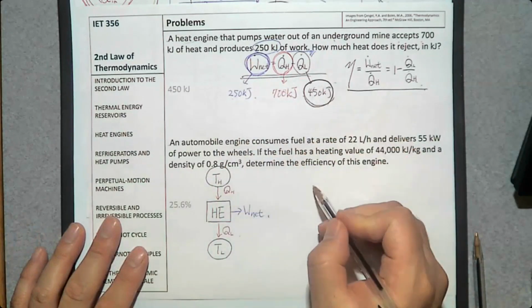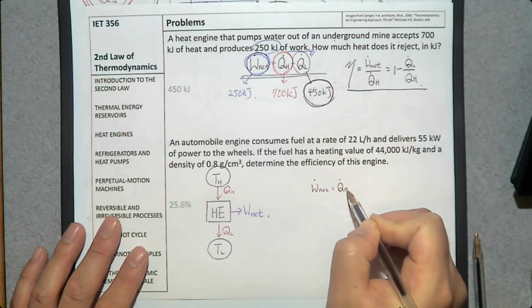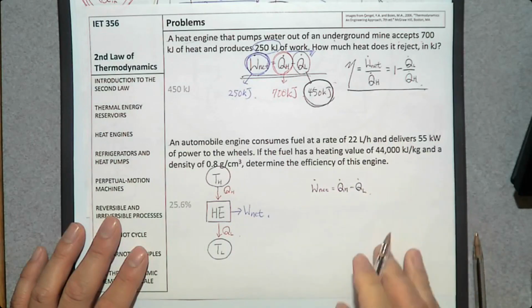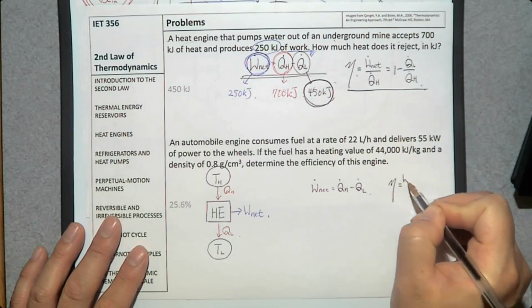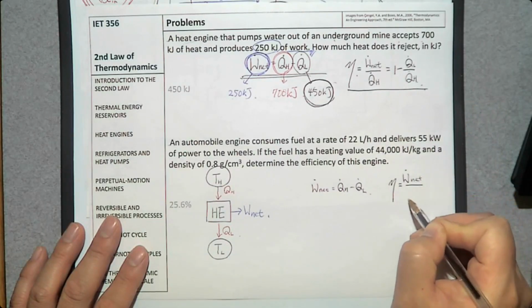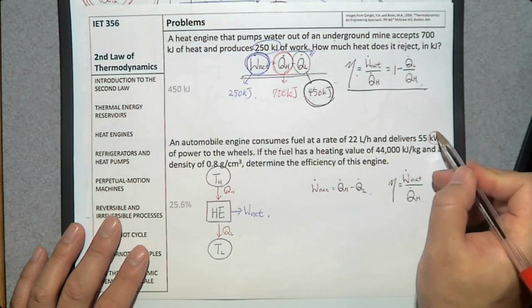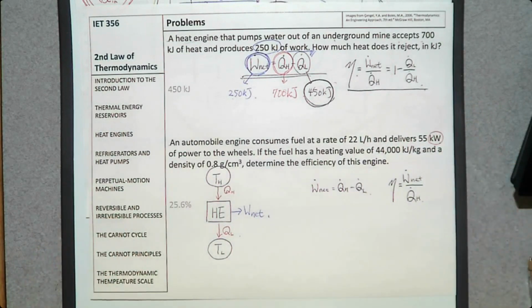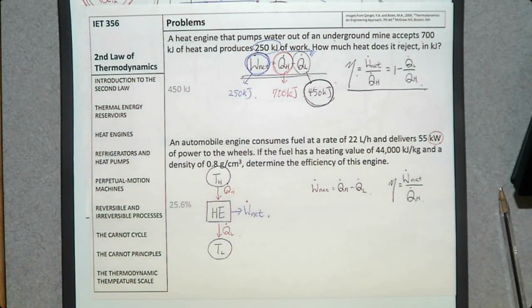The first one is this energy balance equation: W dot net is Q dot H minus Q dot L. And the efficiency is going to be W dot net over Q dot H. By the way, as you can see, we are using kilowatt power, not work, so we add the dot on top to show that this is rate form. So that's the starting point, okay? So let's solve this problem.